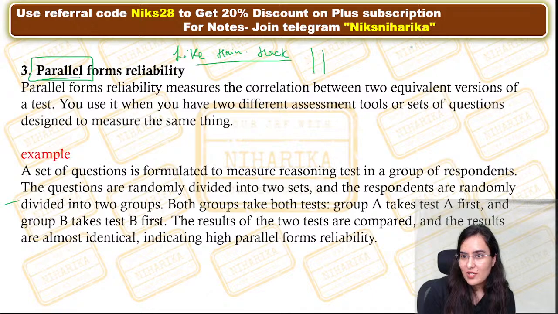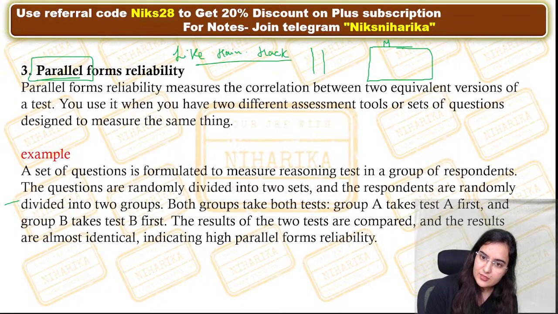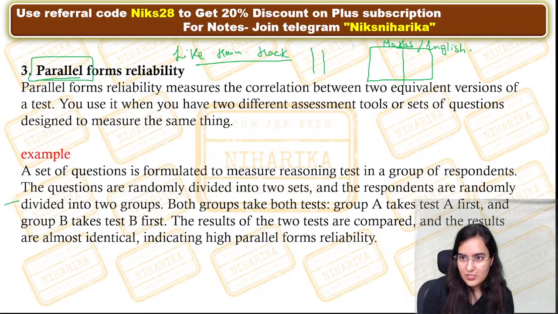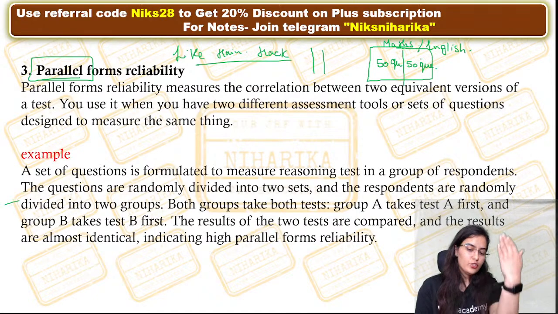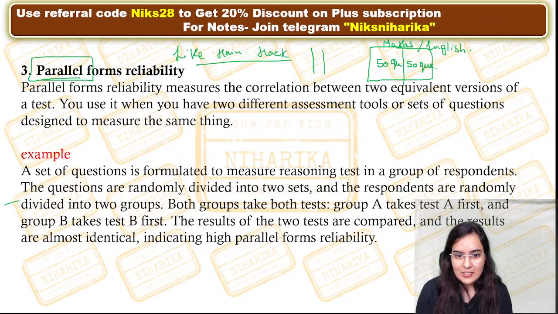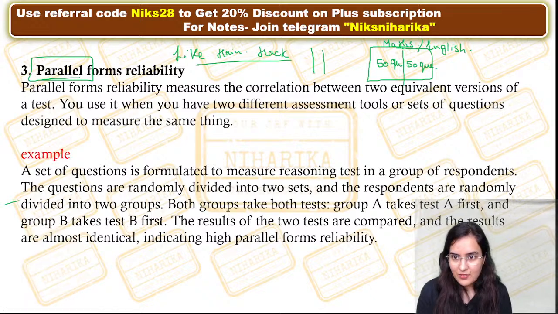So suppose there is one test. Right now I have a test for you. Suppose I have a maths test for you, or let's say an English test. In the English test, I have a set of 100 questions, and I'm dividing it into 50 questions and 50 questions. You all are my sample, right? Now, one test is test number A. This is the parallel test that I've created.